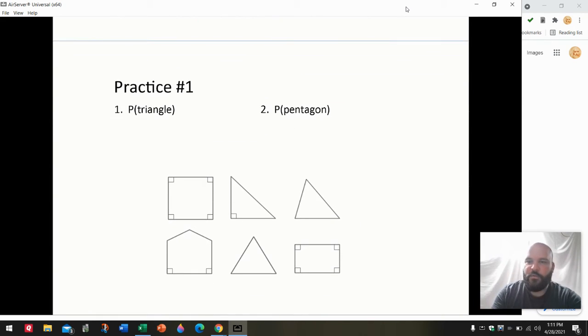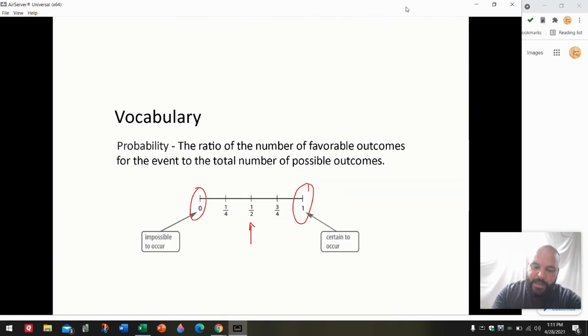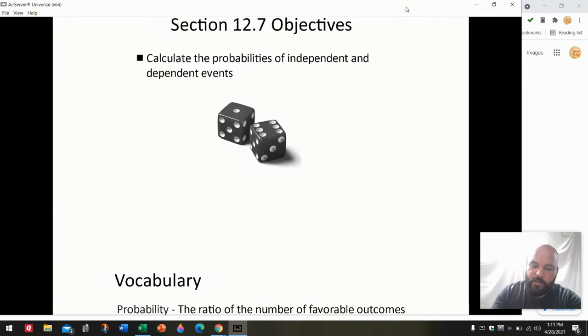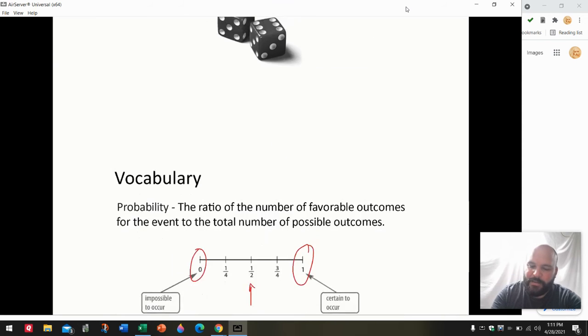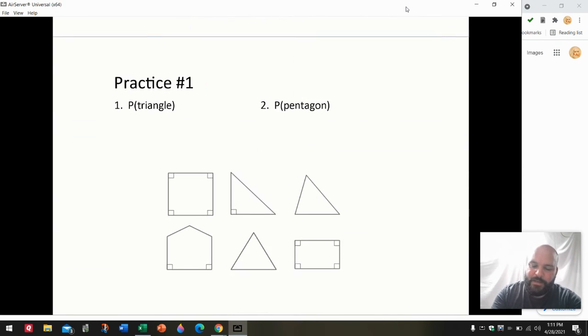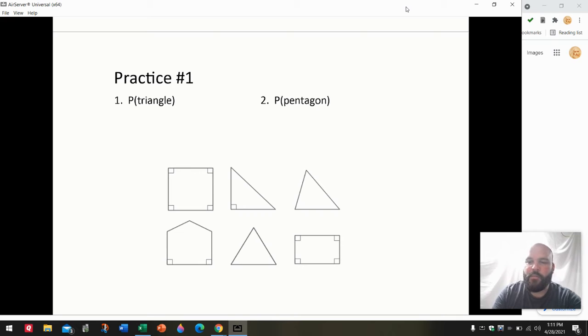Now, the first thing we want to do is take a look at how to find the probability of finding a triangle. Now, I should back up just for a second and say that there are two types of probabilities. There's probabilities that are dependent and then independent. What we're getting ready to do are independent probabilities.